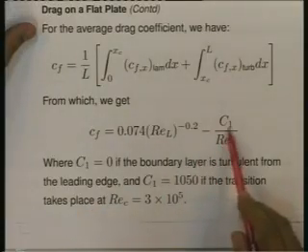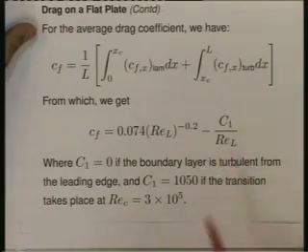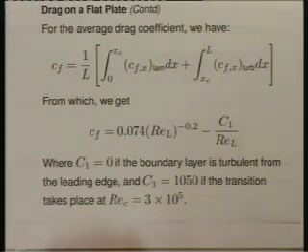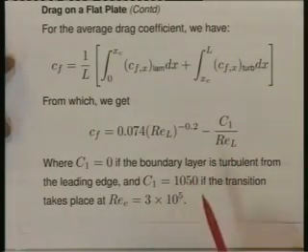That means there is no effect of the laminar boundary layer. This is the effect of the laminar boundary layer. And if the transition takes place at REC is 3 into 10 raised to 5, which is an appropriate value, then the value of C1 is 1050.